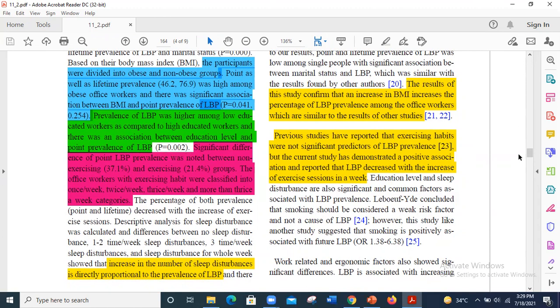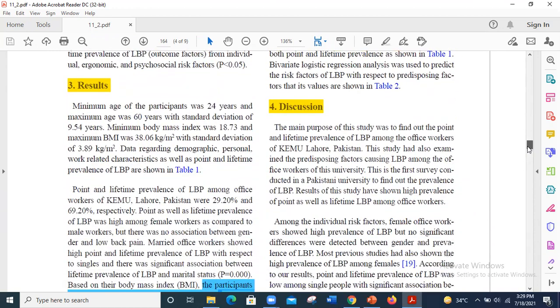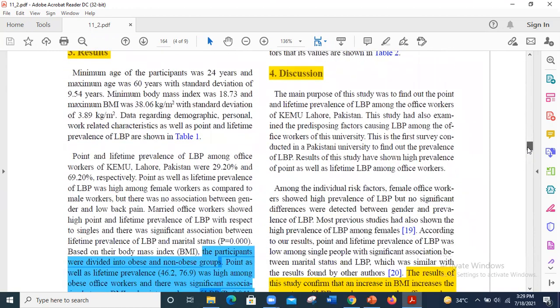Now the next is discussion, which is quite tricky, and sometimes people find it very difficult to understand: what is the discussion portion, what are we supposed to do in it, how are we going to write the discussion portion of our research.